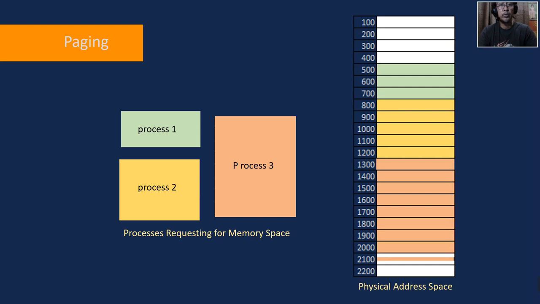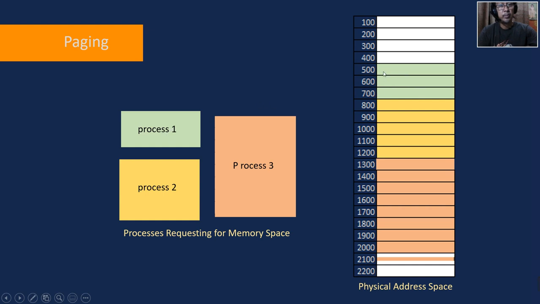So this is how it will look. Process 1 will be placed here in the 500, or it could be placed in the 400, and each of these is called one page.